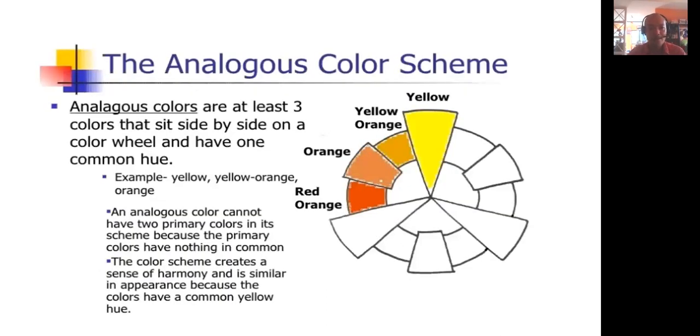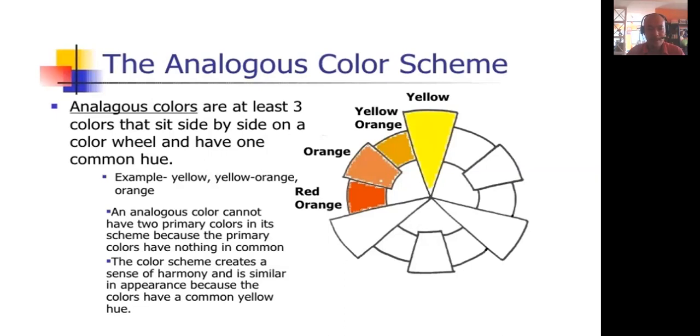So look at this color wheel. When you say analogous, colors are at least 3 colors that sit side by side in the color wheel and have one common hue. So for example, we have yellow, orange, and red. So they are analogous.